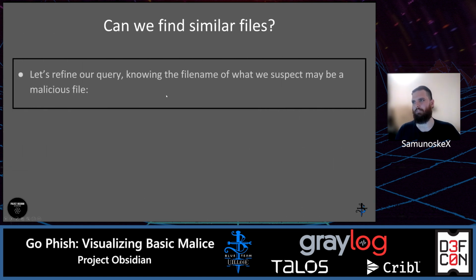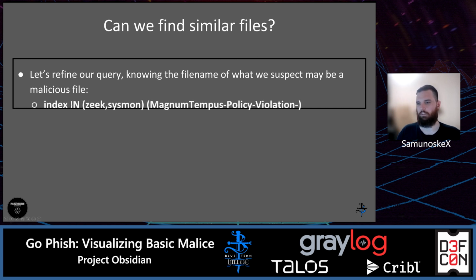Can we find similar files? Let's refine our query knowing the file name and what we may suspect to be a malicious file. So we're going to stick with indexing Zeek and Sysmon, but we're going to go with Magnum Tempus policy violation. And let's see what this results.